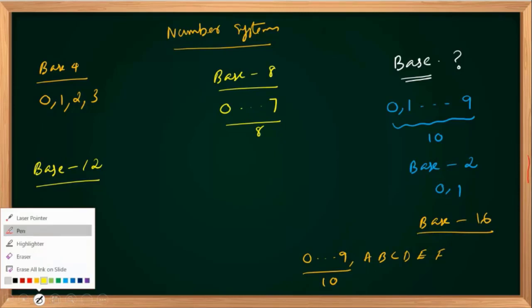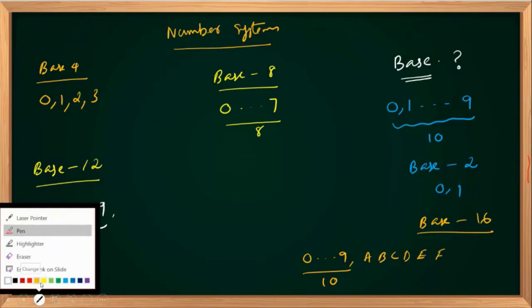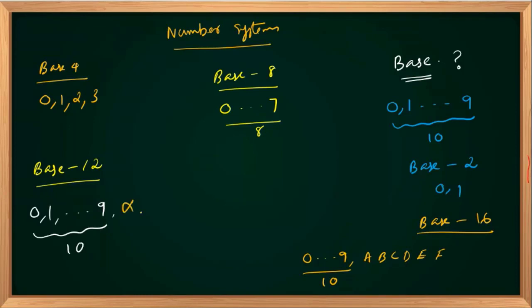If you have a base 12 system, you will have symbols from 0, 1, etc., up to 9, 10 symbols. Plus, we require 2 more symbols. You can call them either X, Y, alpha, beta, A, B, etc. Let me call them alpha and beta.